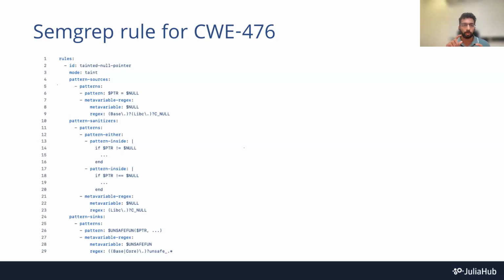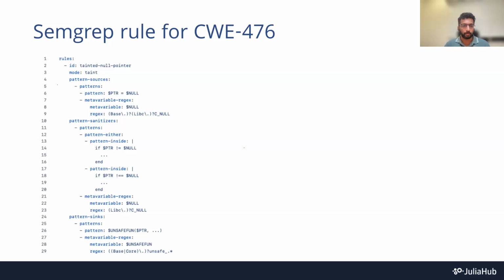Then there is something called pattern sanitizers, which identifies patterns within the code that cleanse or sanitize the tainted data by making it safe. And the third part is the pattern sinks, which identifies the sections of the code where the source must not flow into.